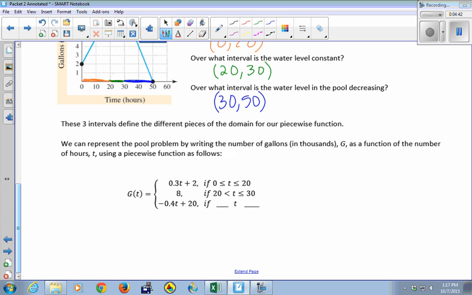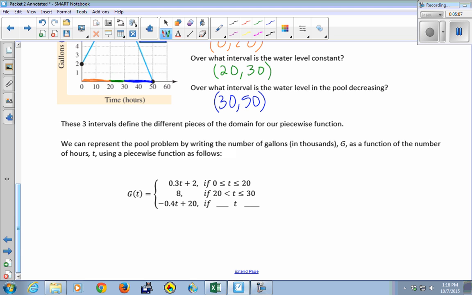So over my orange interval, the equation of that line was 3/10 t plus 2. Okay, and then over the green interval, my equation was y equals 8. G of t is like my y, right? And then over this blue interval from 30 to 50, my equation was y equals negative 0.4t plus 20.